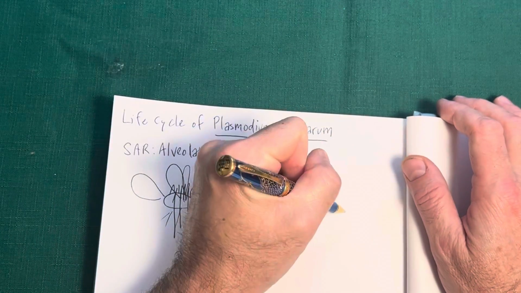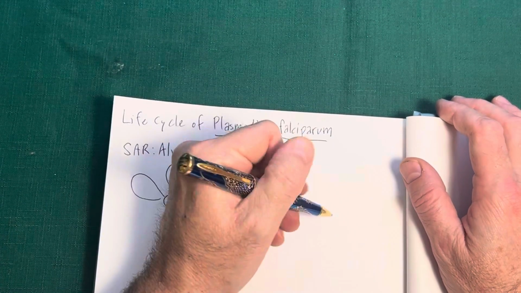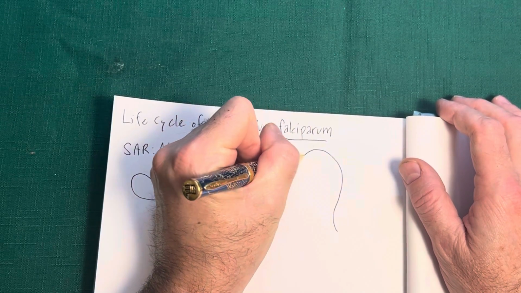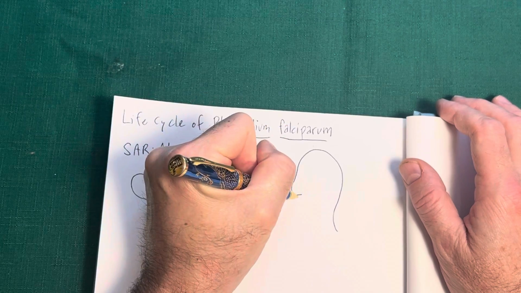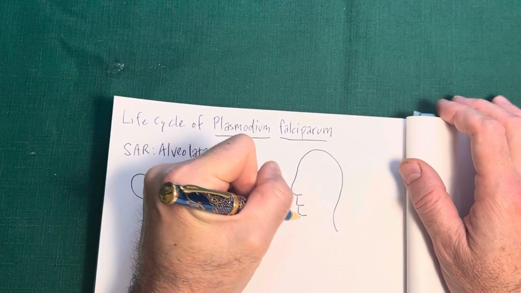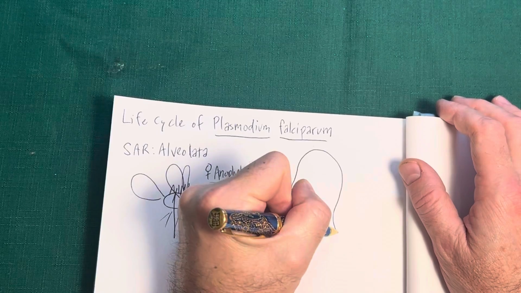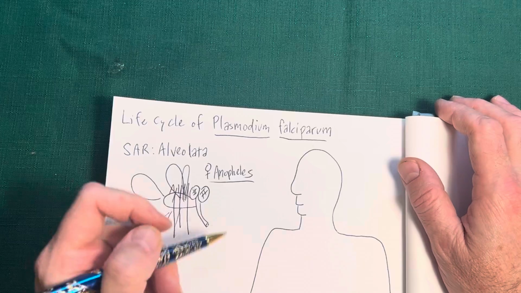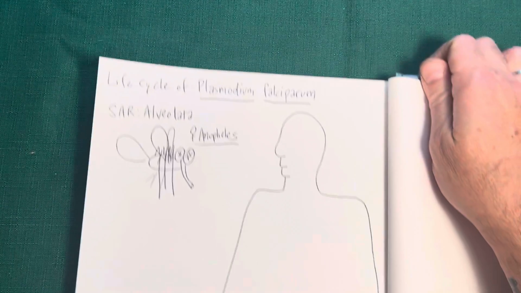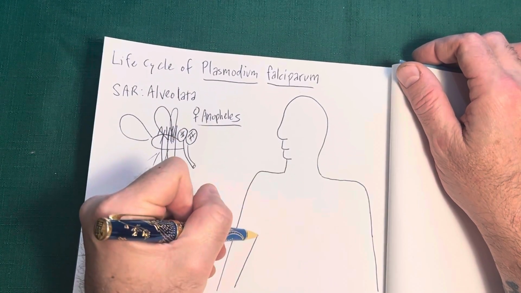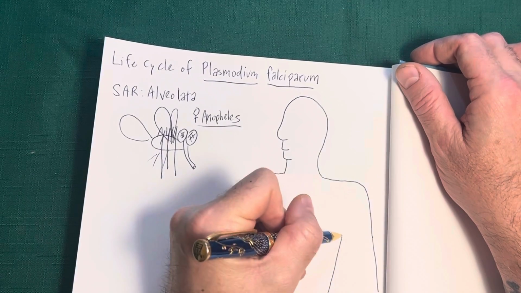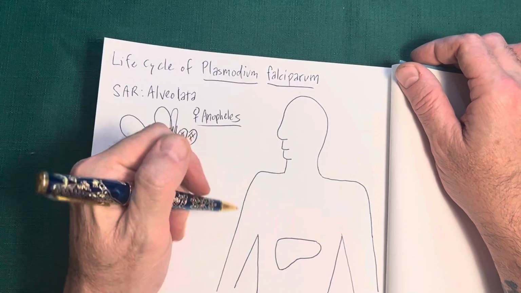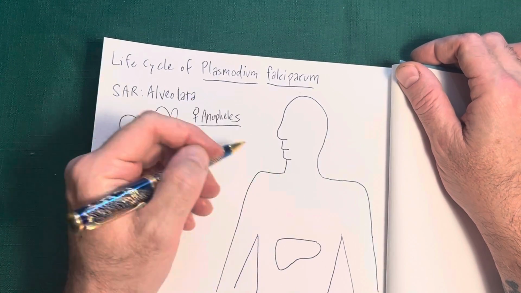All right, so we've got this mosquito, and she's got something inside of her that is going to be injected into our unwitting malaria sufferer. So we need a person. Here's our person. And that person doesn't really need a whole lot to contract malaria. They just need a bloodstream and a liver. So let's give them a bloodstream and a liver.